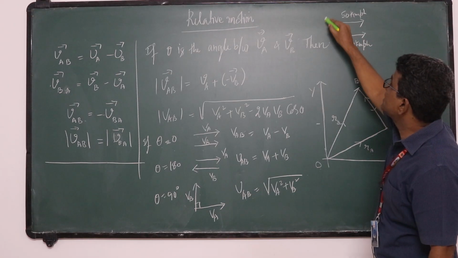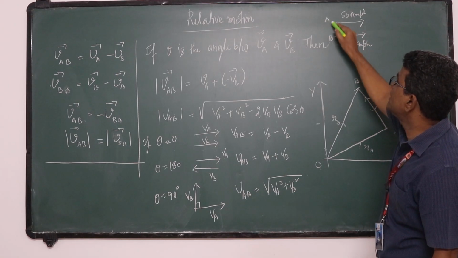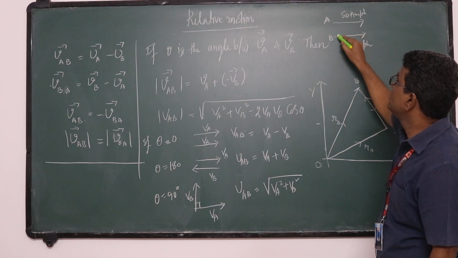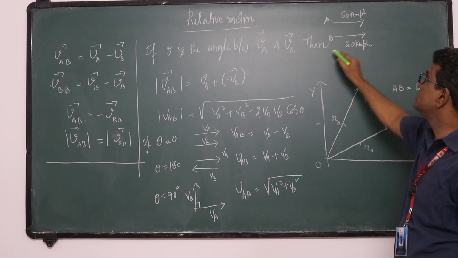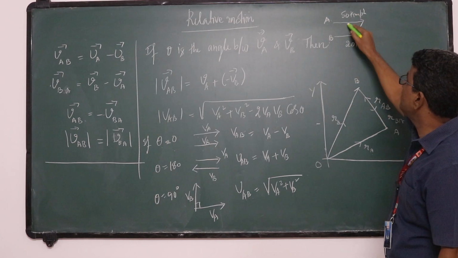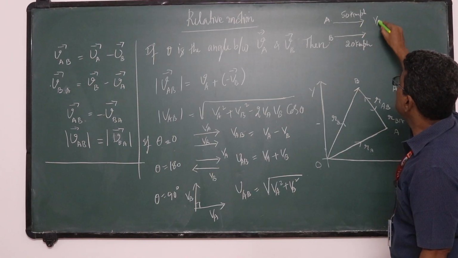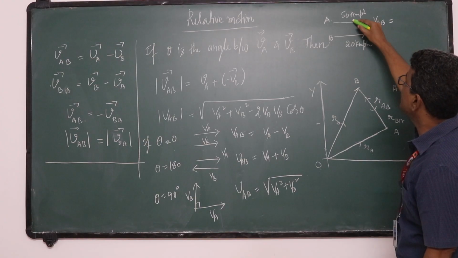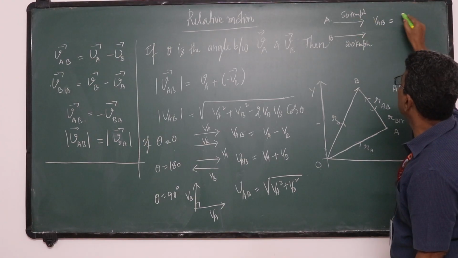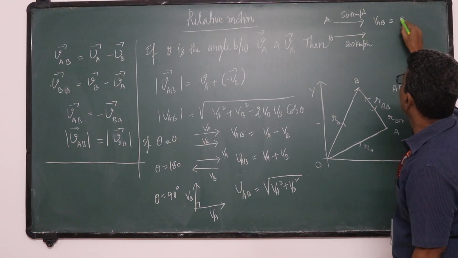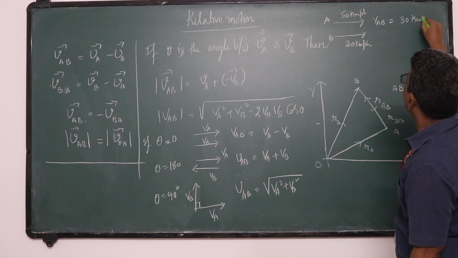So this is passenger A and B. A is sitting in the first train, B is in the second train. So how is the speed of A with respect to B? VAB is equal to VA minus VB, that is 50 minus 20, 30 kilometers per hour.